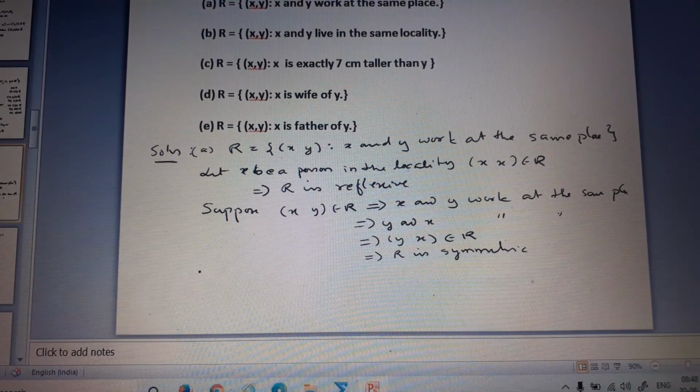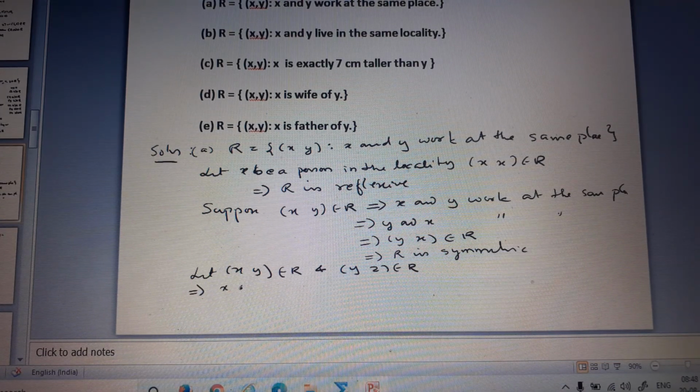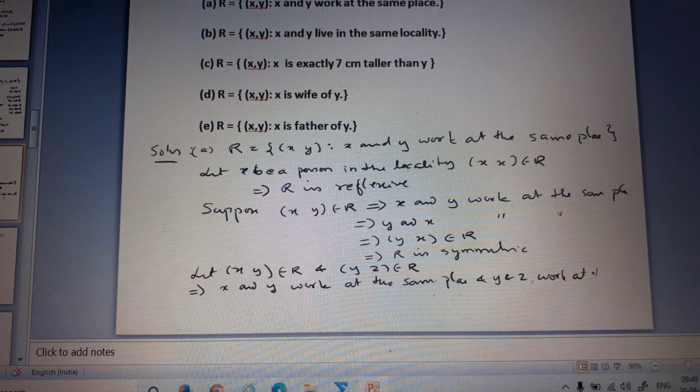So the third one is: let (x, y) belong to R and (y, z) belong to R. This implies x and y work at the same place, and y and z they also work at the same place.